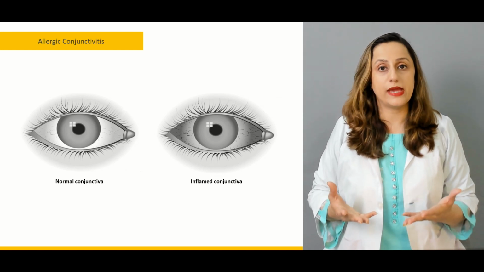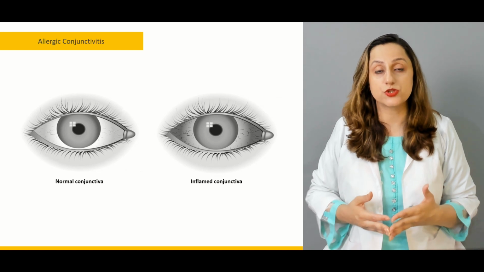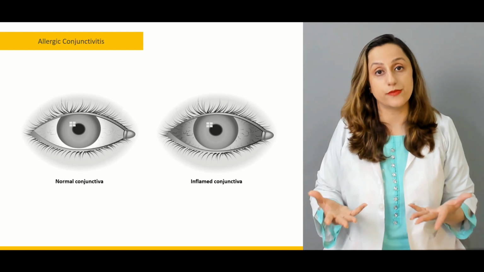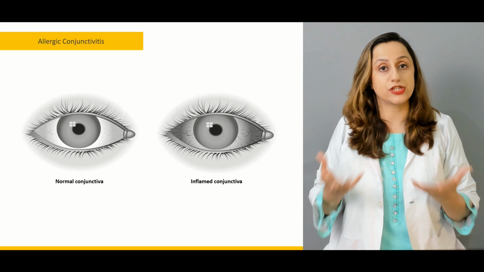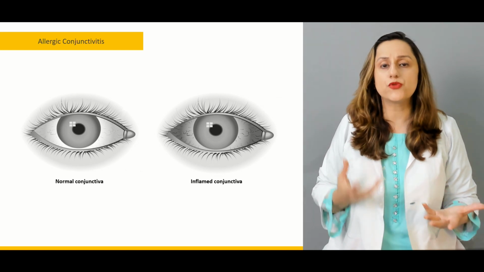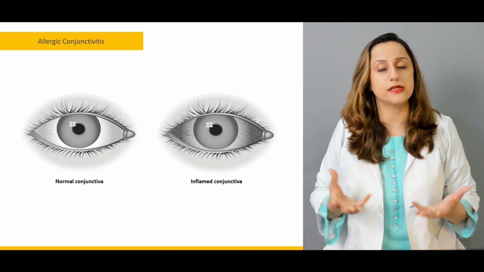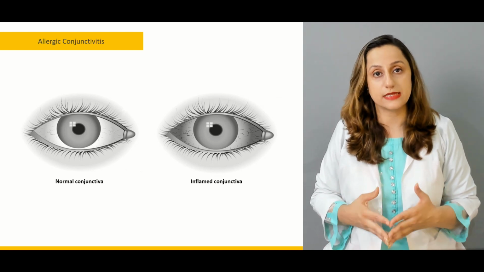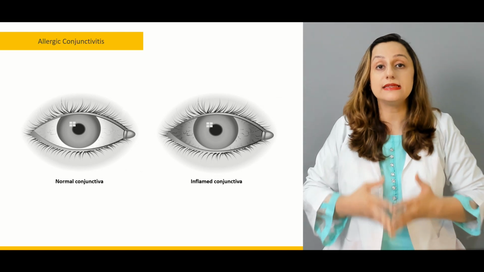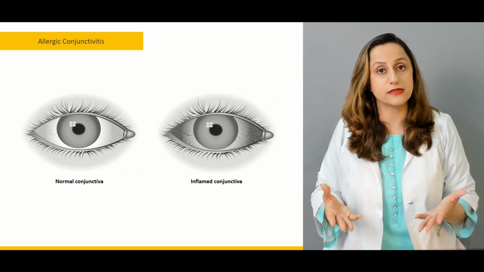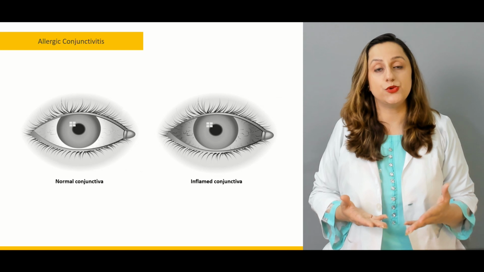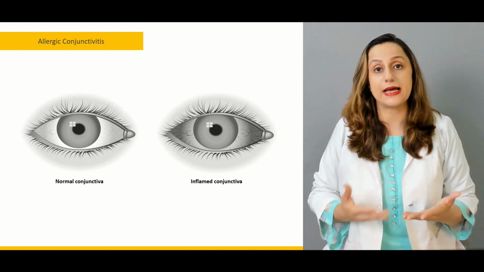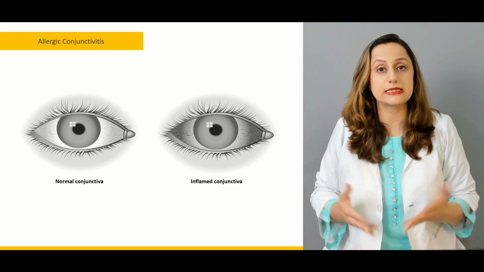Then secondly, we have atopic conjunctivitis, which is basically an adult form of vernal conjunctivitis. It's seasonal, but it grows out into adulthood, and that's why it's known as atopic conjunctivitis. We have giant papillary conjunctivitis, which is caused by large foreign bodies, for example sutures and lenses.